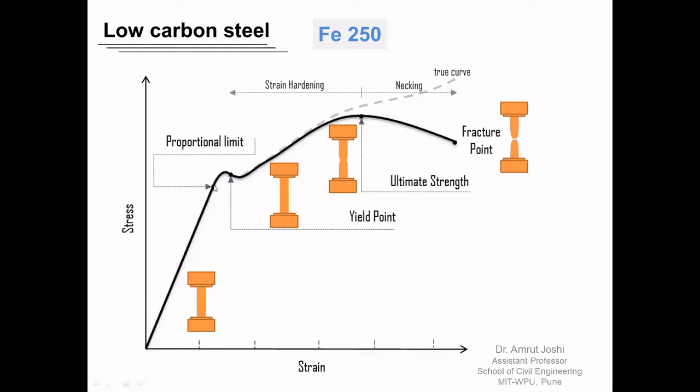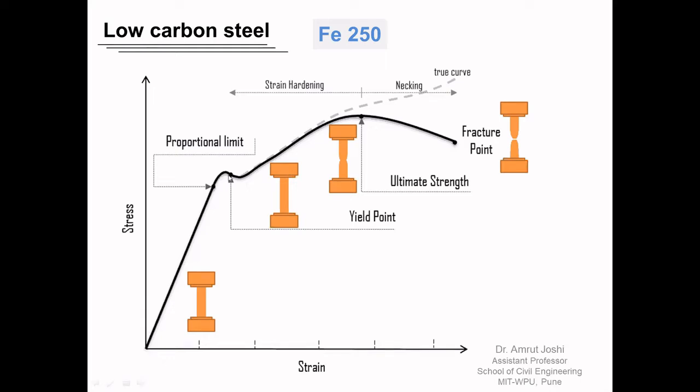Then just above the proportionality limit, you will have the upper yield point somewhere here. From the proportionality limit to the upper yield point, you will have non-linear but elastic stress strain behavior. For low carbon steel, you will have a definite yield point, which is denoted by a drop in stress, and this is the lower yield point.